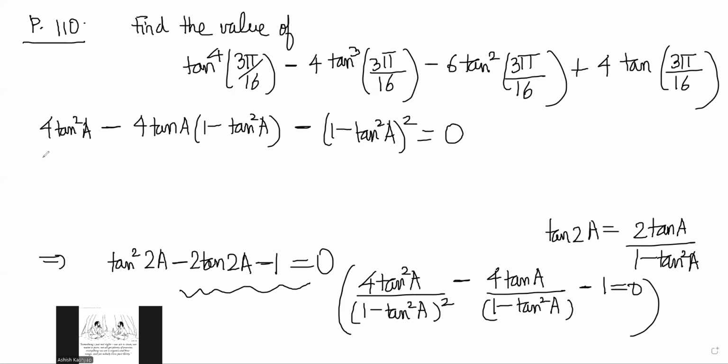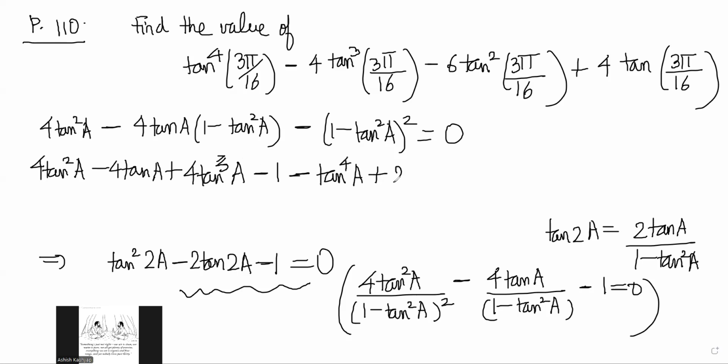So we are going to get here 4 tan square A minus 4 tan A plus 4 tan power 3A. Then you have a minus 1 minus tan power 4A and a plus 2 tan square A equals 0. So now collecting all the terms, you have a minus tan power 4A and we are getting a 4 tan cube A.